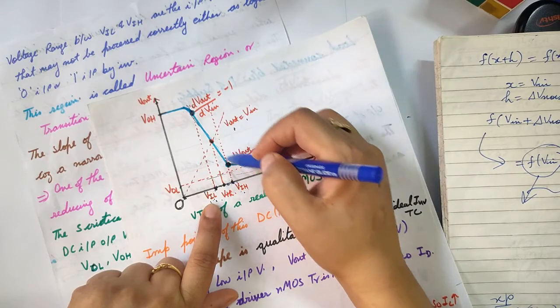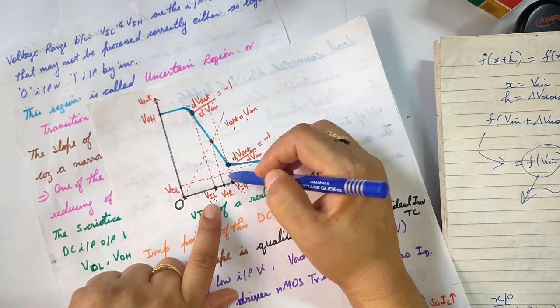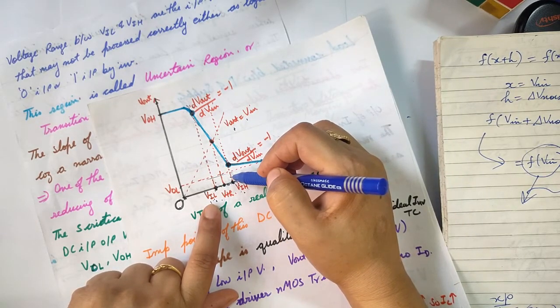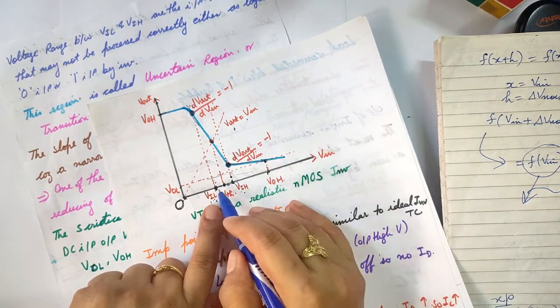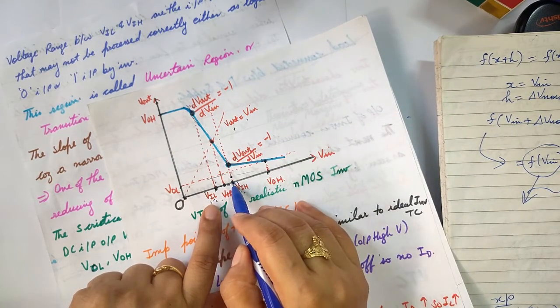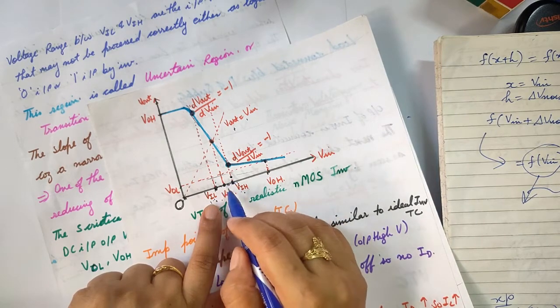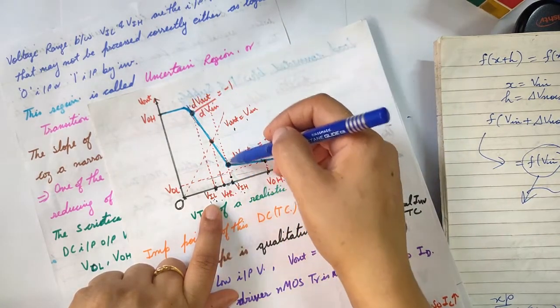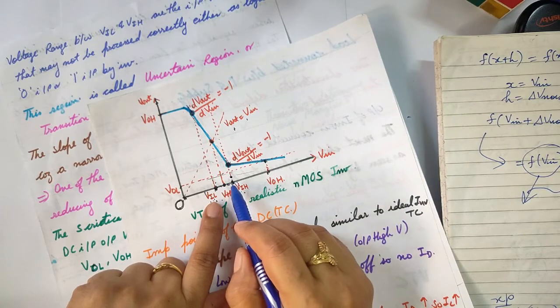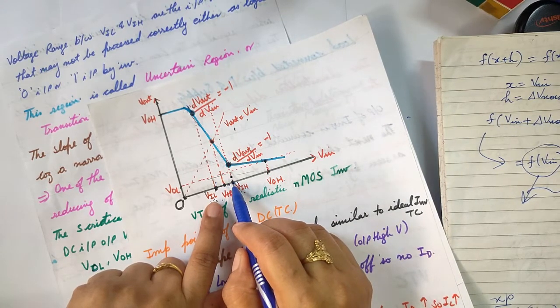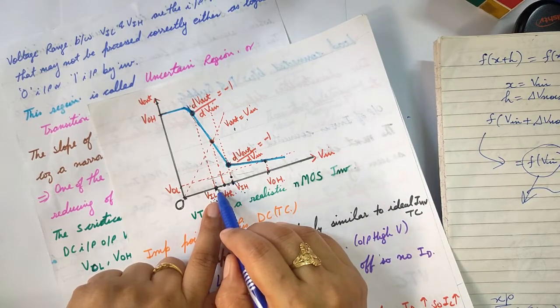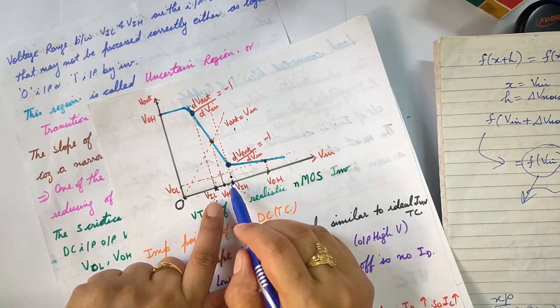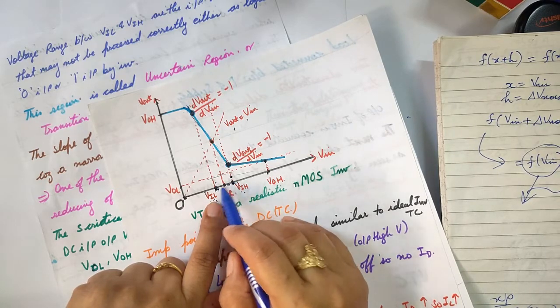In this range, the input is not detected correctly by the circuit. It can be detected as logic 0 or logic 1. That is the reason we call this the uncertain region, or the transition region, because it takes the transition, but mainly we call it the uncertain region because it is uncertain for the circuit to consider the input coming as logic 0 or logic 1 within this range.